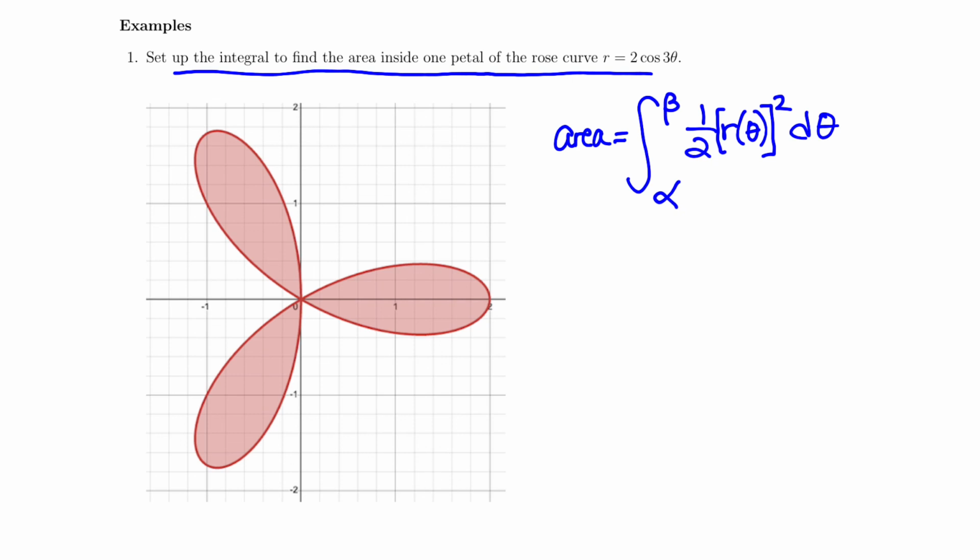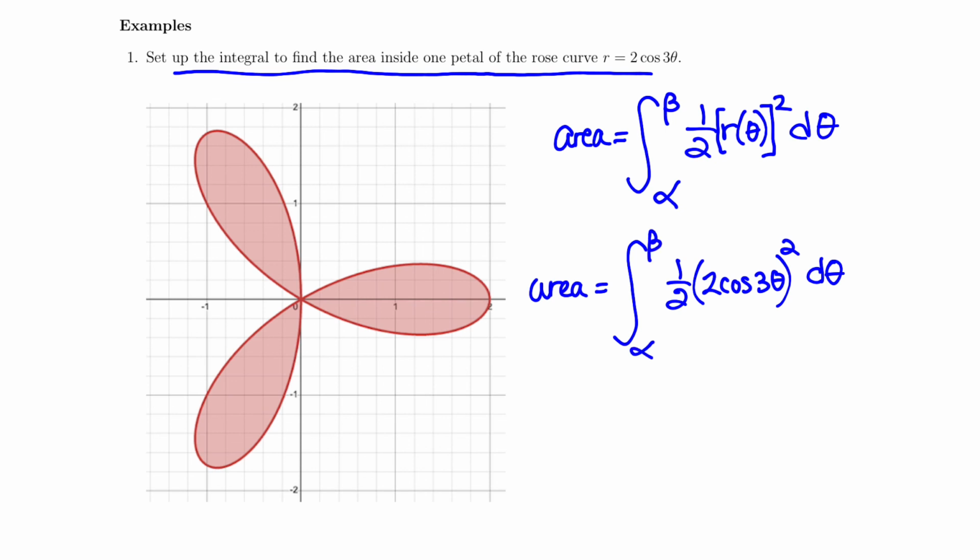We know what r is, right? So that's easy peasy. We just plug r in there. So to get the area inside one petal of the rose curve, we're going to take 1/2 times, and then let's put 2 cosine 3 theta squared d theta. And now I need to put some limits on there.